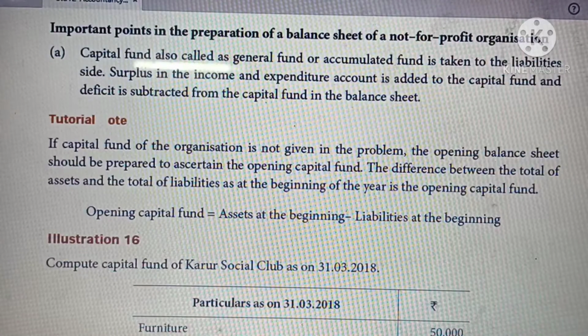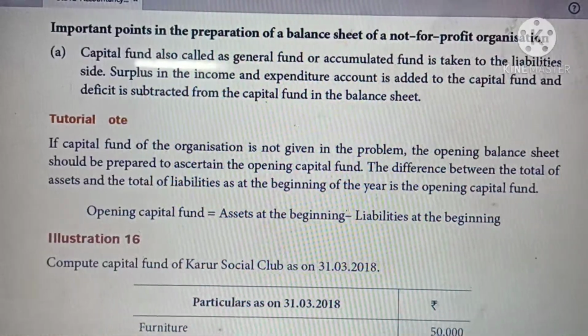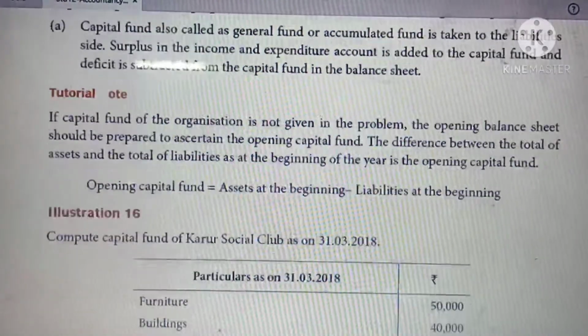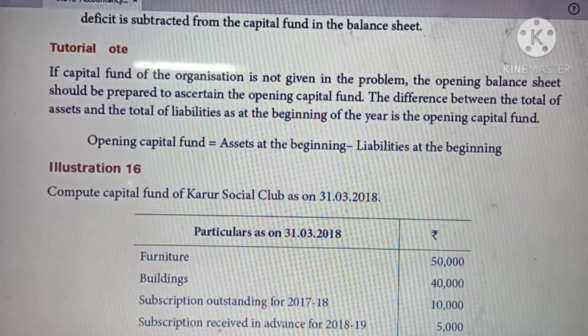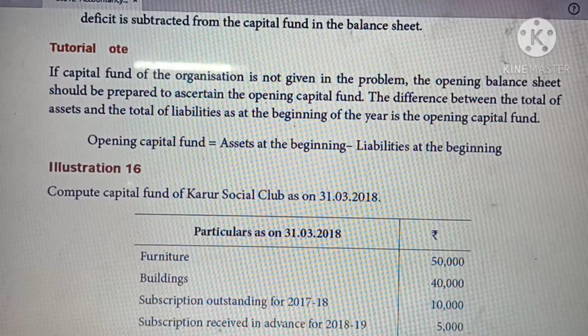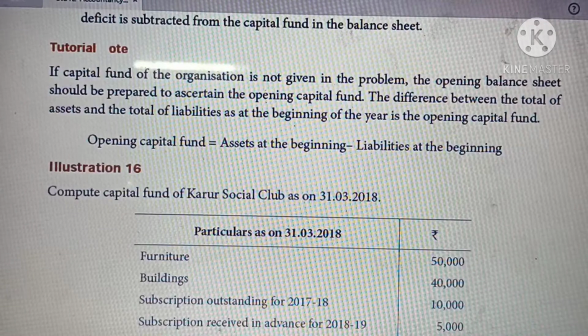Tutorial notes are also given about capital fund. If the capital fund of the organization is not given in the problem, then we have to prepare an opening balance sheet. The opening balance sheet should be prepared to ascertain the opening capital fund.